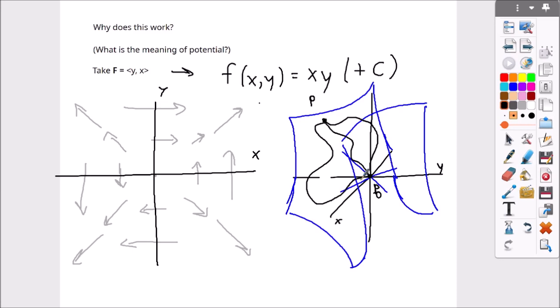No matter what path I take on the surface, I'm only doing that much work. I'm only doing work that will take me from the height of P0 to the height of P. I'm not doing any more work, right?